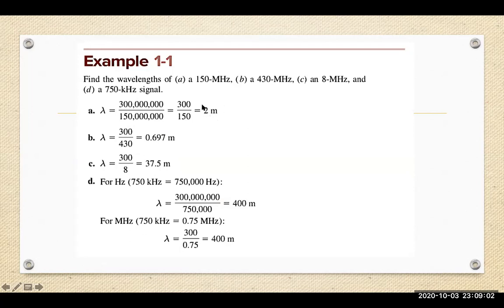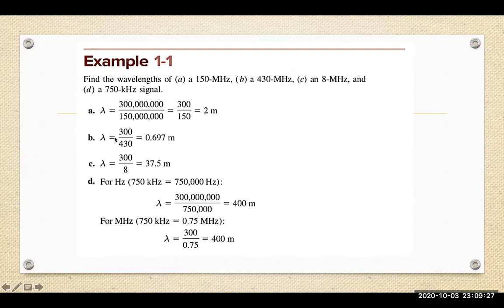Take note the unit is in meters since we utilized the equivalent speed of light in meters per second, and you know that the unit of frequency, hertz, means cycles per second. Now the next one is finding the wavelength of the given frequency 430 megahertz.